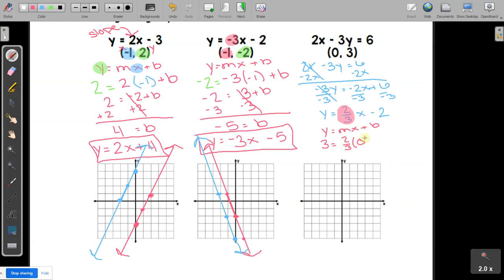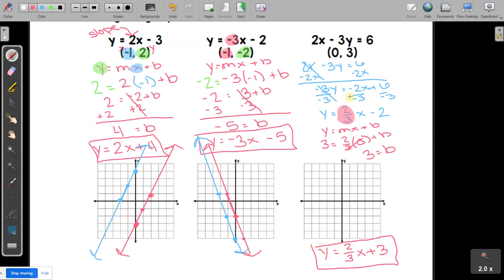Our x is 0, plus b. 2/3 times 0 cancels out, so we're left with 3 equaling b. Now let's write our new equation. So we're going to have y equals our slope 2/3 x plus b, what we just found.